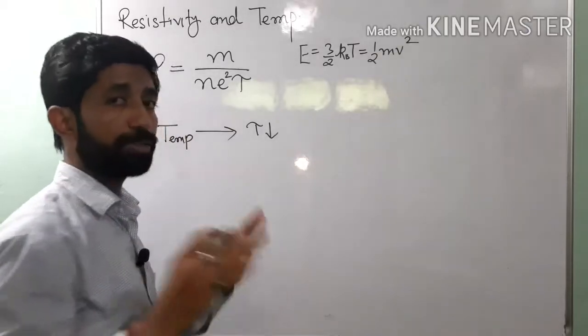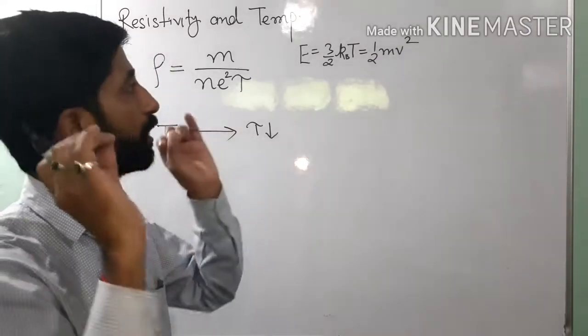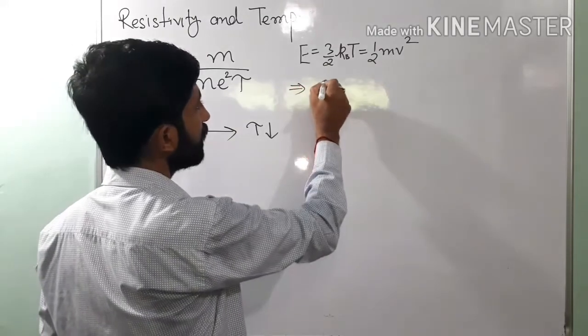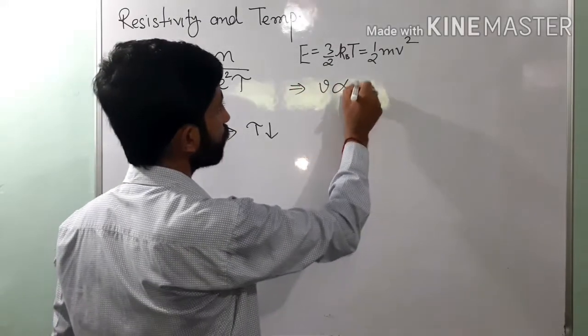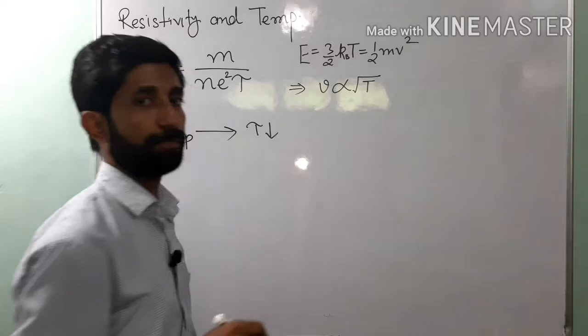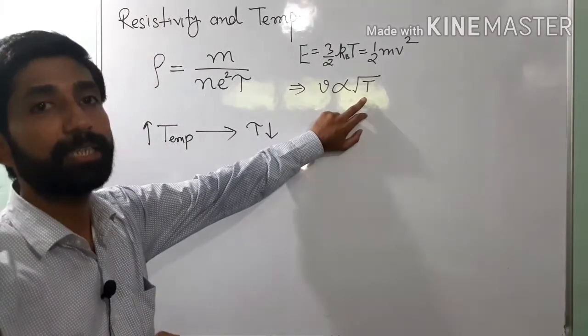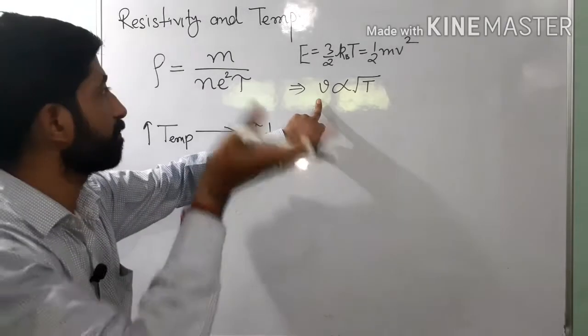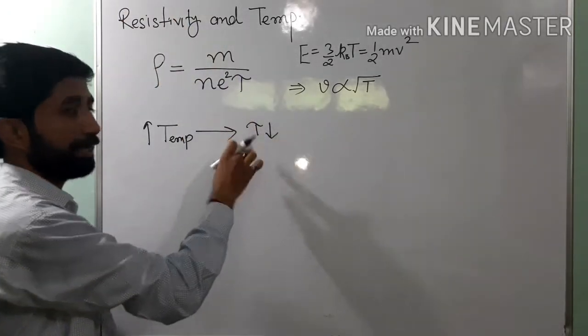Kinetic means electrons have no potential energy, they only have kinetic energy. So this gives us v is directly proportional to the square root of temperature. So as temperature increases, the thermal speed increases, and if this happens, the relaxation time will decrease.